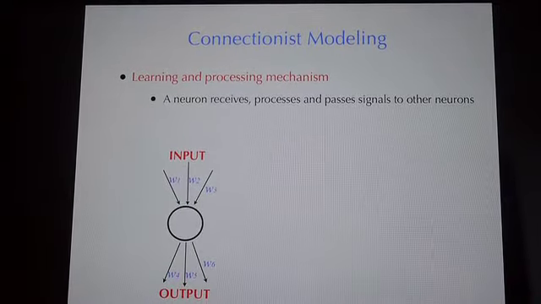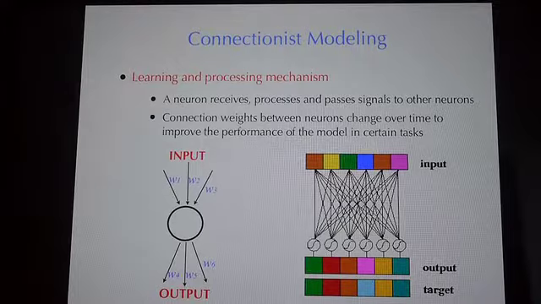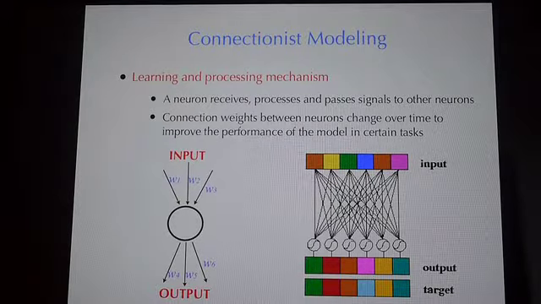So in a well-known category of connectionist models, this happens based on the feedback that the model receives from the environment. For example, let's say the model receives a set of values as input. It generates an output by passing these values through several layers. And then once the output is generated, the model receives some feedback about what the correct or the target output should have been like. So the model then can measure how much of a mistake it made, and it can adjust these weights on the connections to make its prediction closer to what it should have been.